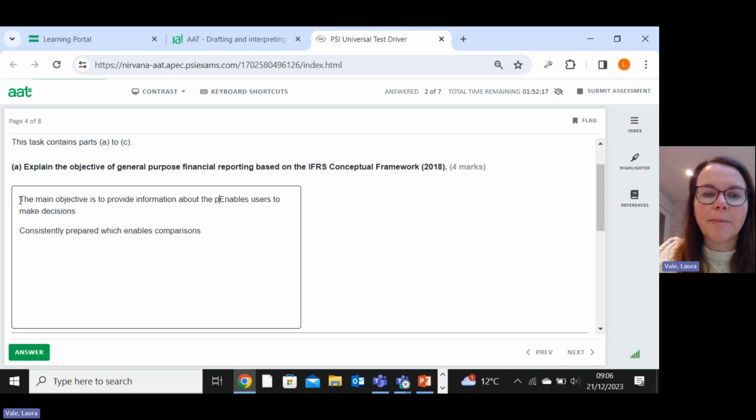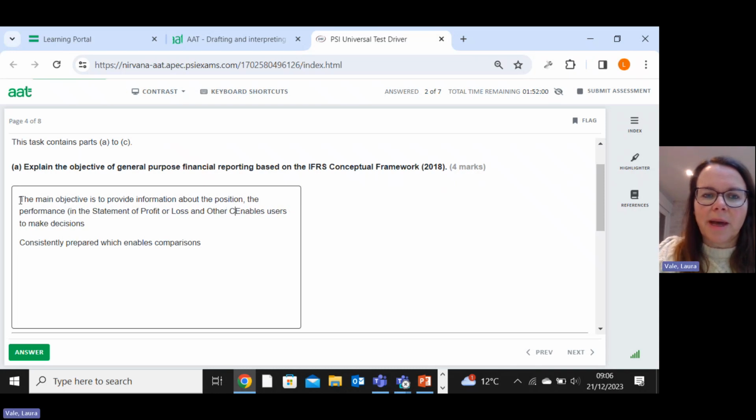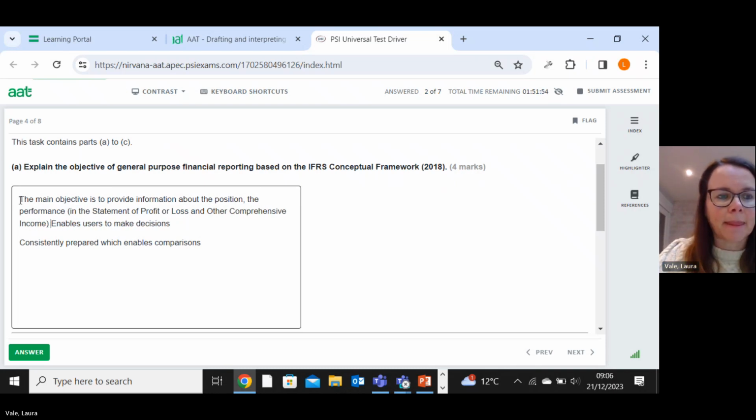The position in the statement of financial position, the performance in the statement of profit or loss. I don't really want to use abbreviations. It's a bit of a mouthful, but I would type that out in full. And cash flow.